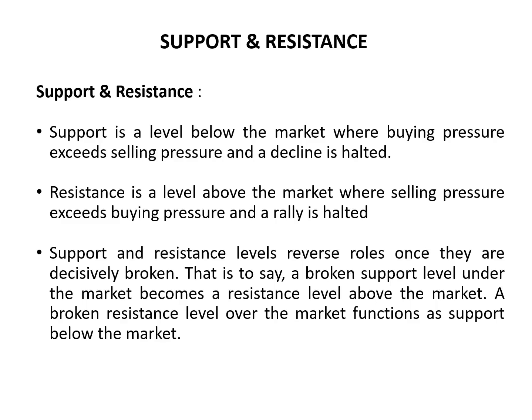Support and resistance levels reverse roles once they are decisively broken. What does it mean? If an earlier support is broken, that means the stock is in a downtrend. And if that support is broken, then in future that support acts as a resistance. Prices may rally up to the support point and they will face the resistance.